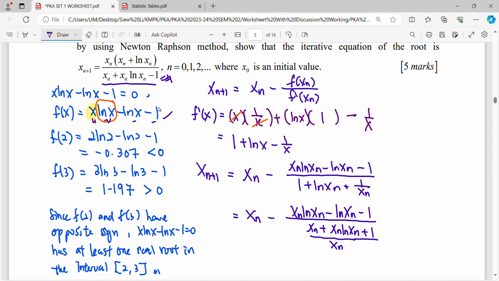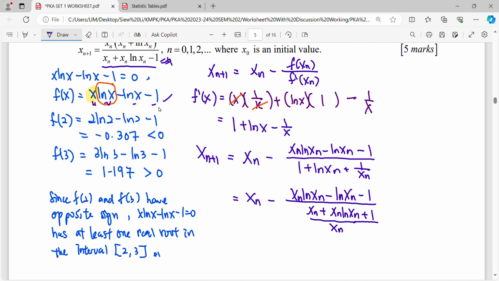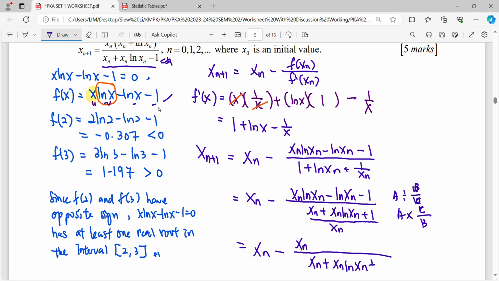So for a fraction over a fraction, a divided by a fraction, you multiply by the reciprocal, so the x_n will be moved up. Multiplying with x here will be x squared.